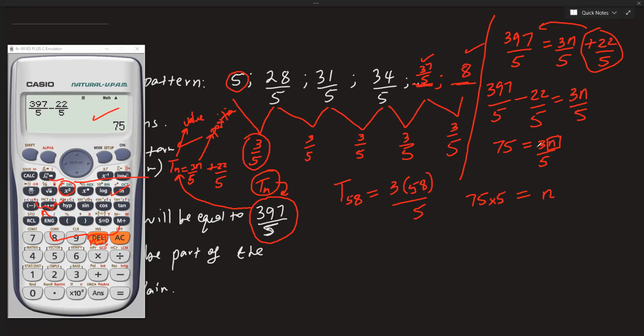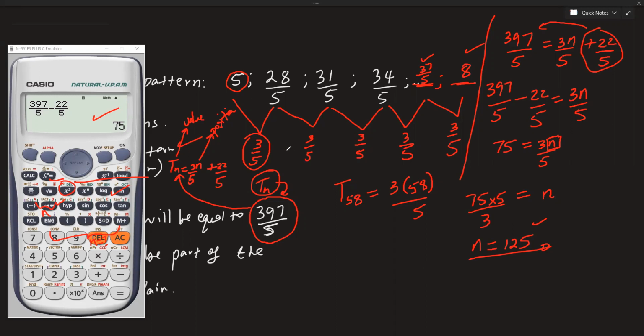The 3 is multiplying the n, so this side is going to divide. So it does the opposite of what it does this side. Then if you press that on a calculator, it should give you n equals 125. That's the position. So term number 125 will be 397 over 5.